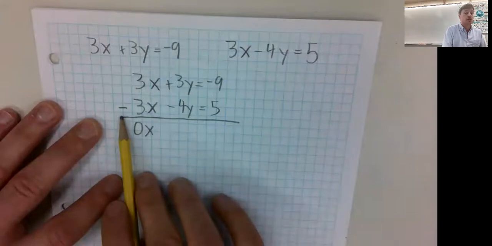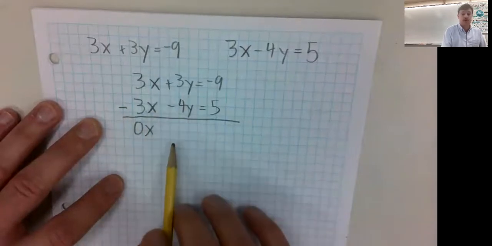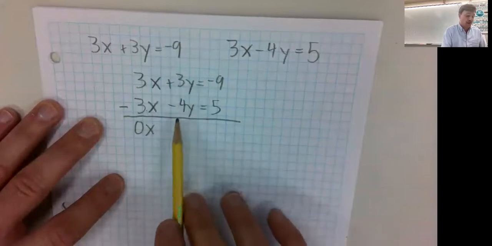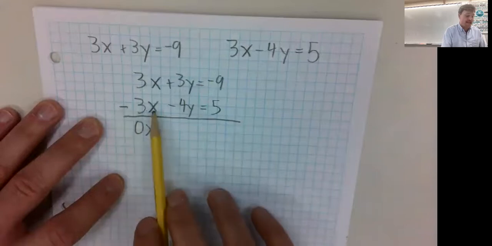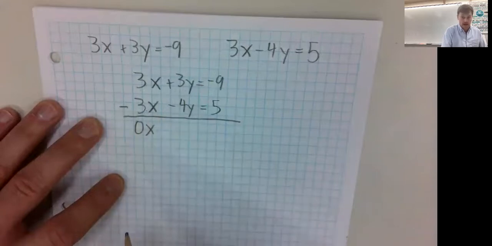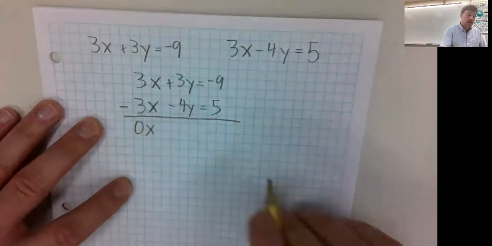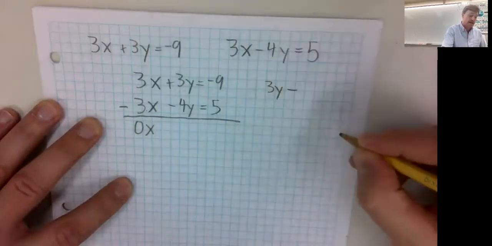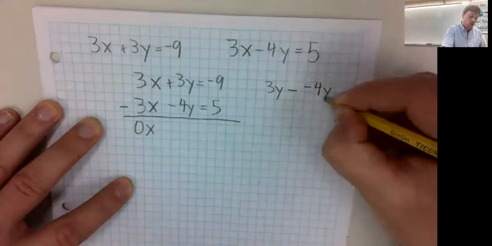Now, because it's subtraction, we really got to think about how this is going to affect the other numbers in a negative or a positive way. So next down the line is the y terms. I've got a 3y minus a negative 4y. If I wanted to rewrite that horizontally, please do. So I got a 3y minus a negative 4y.